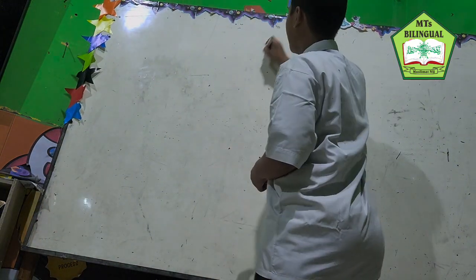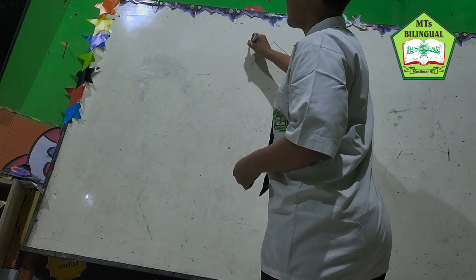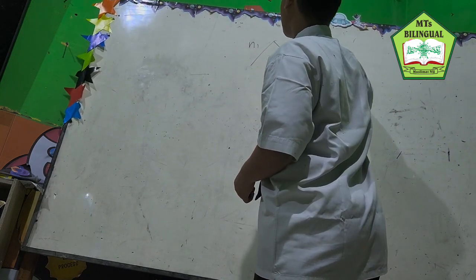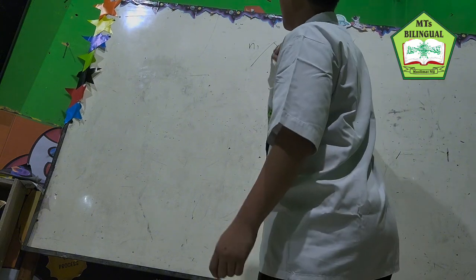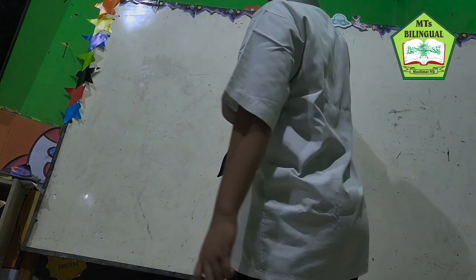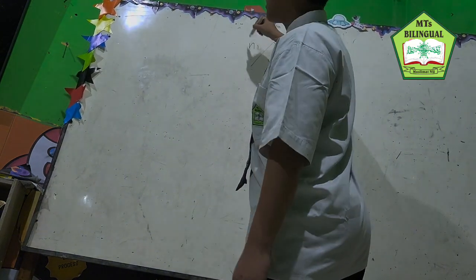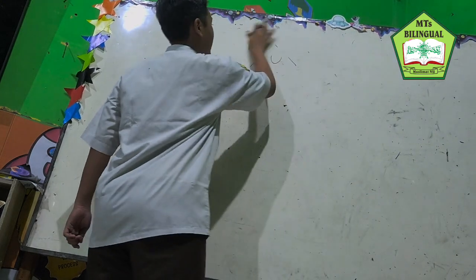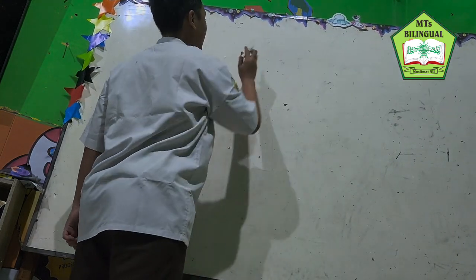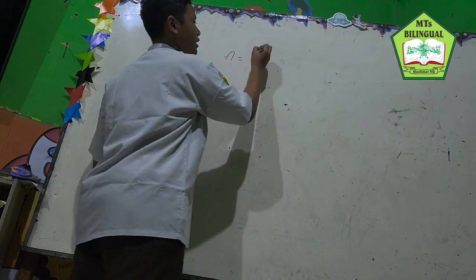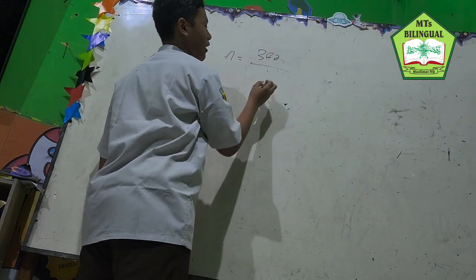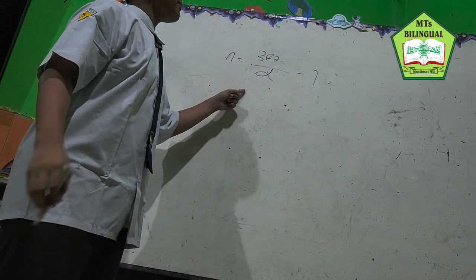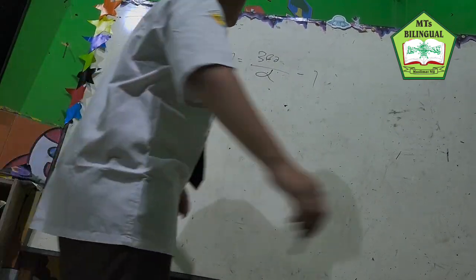For example, this is mirror 1 and this is mirror 2, and this is the object. The object will spread around this corner and look like a loop. We can determine the number of images by this formula: n equals 360 over alpha, minus 1.